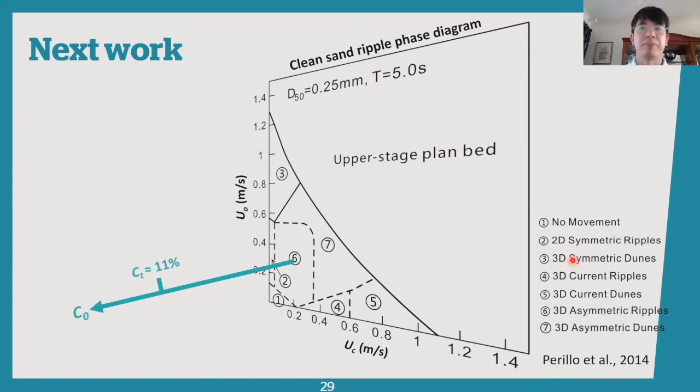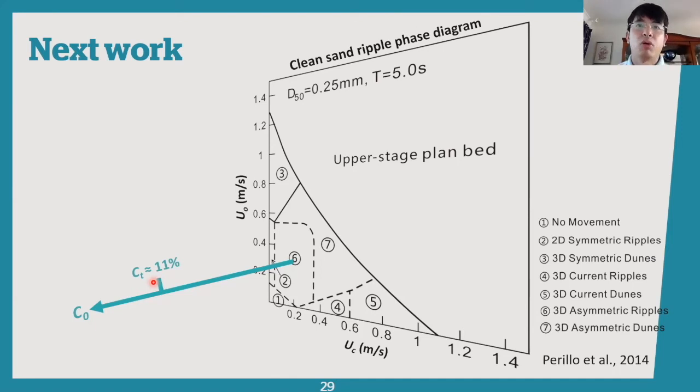As I mentioned before, we found that under the present hydrodynamic conditions, with clay content lower than 11%, the present phase diagram may still be available for ripples in the clay-sand bed. However, if the clay content is higher than that threshold, we need to improve the present phase diagram.